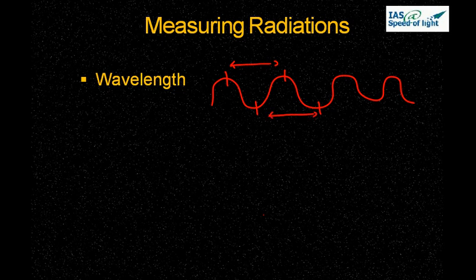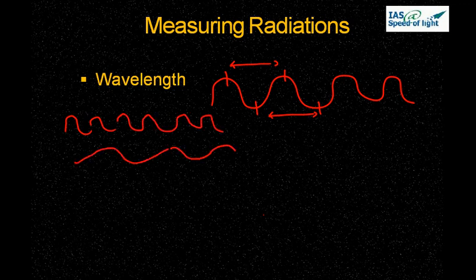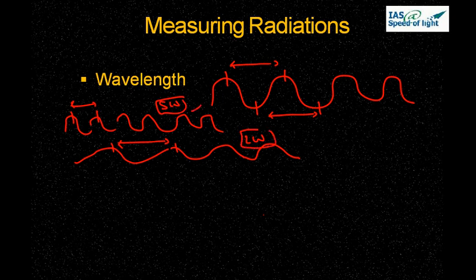Now we'll draw two wavelengths. Out of these, which one is the short wave and which one is the long wave? It is very easy. This distance is less and this distance is more. So this becomes the short wave and this becomes the long wave.